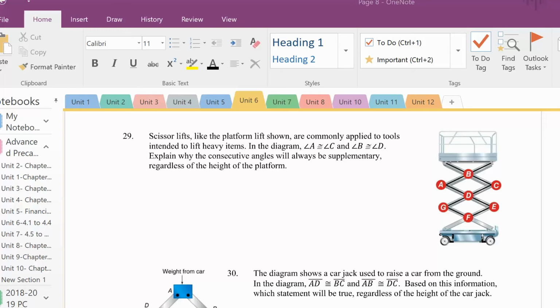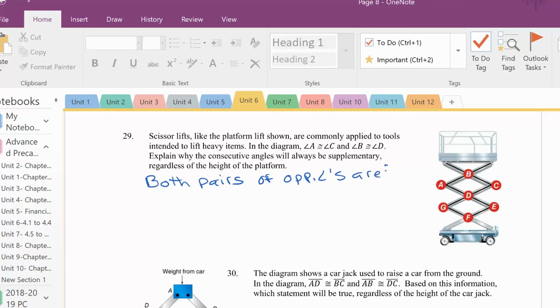Well, if you notice here, both pairs of opposite angles are congruent, meaning ABCD is a parallelogram.